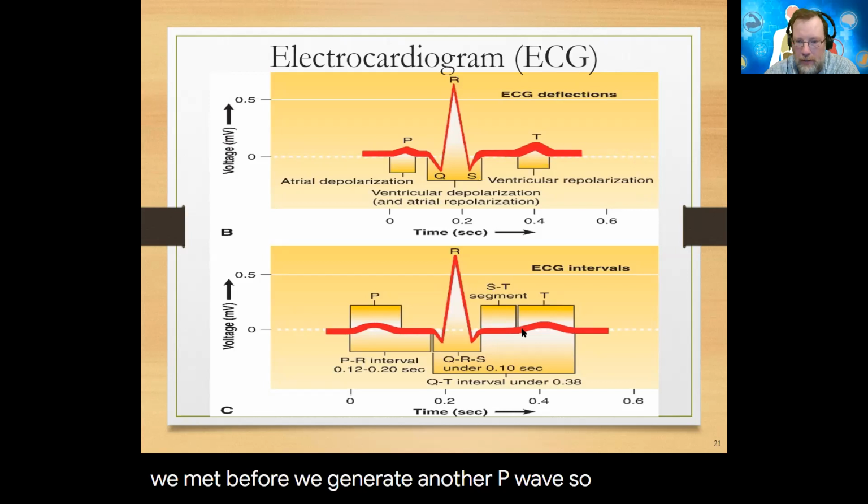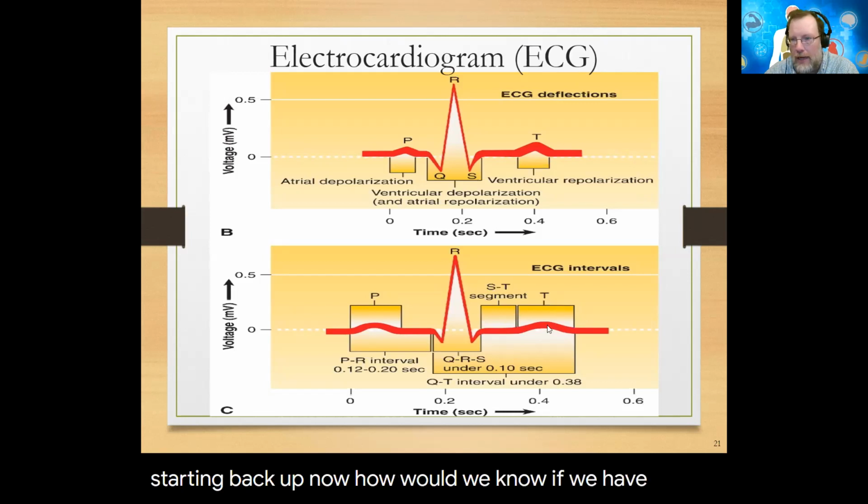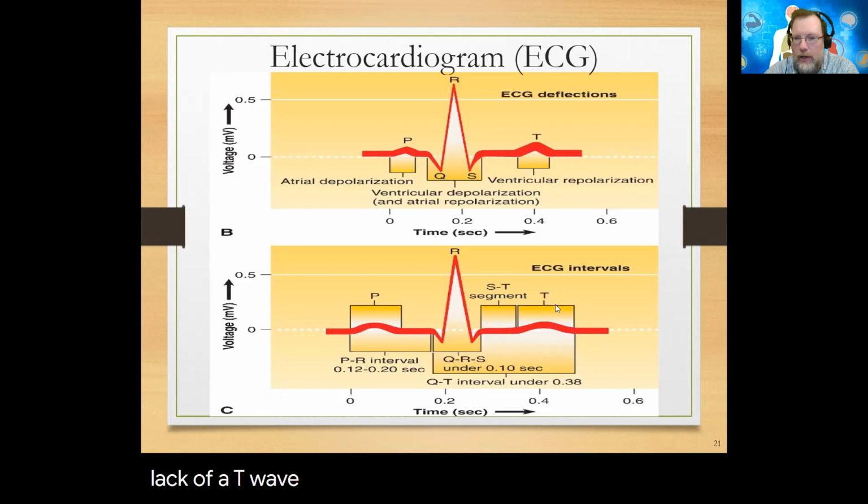So sometimes what you'll see is a lack of a T wave and a P wave starting back up. Now, how would we know if we have the lack of a T wave? Well, if I put another QRS wave right here on a normal EKG, there should be a QRS and then a T wave, and then a little P wave and then another QRS.